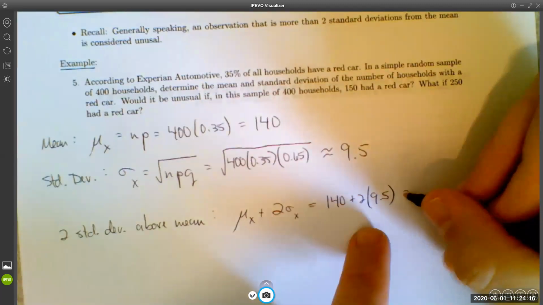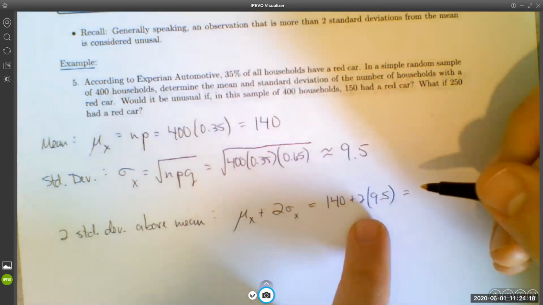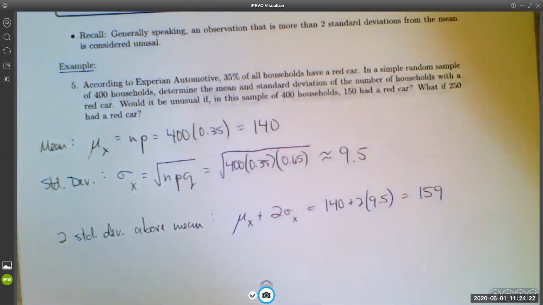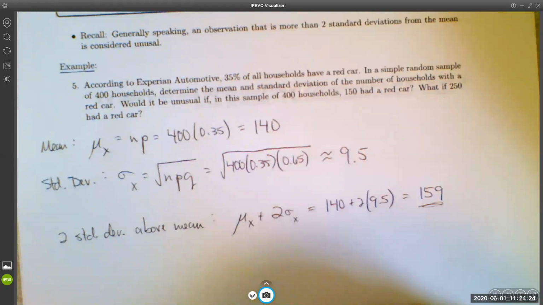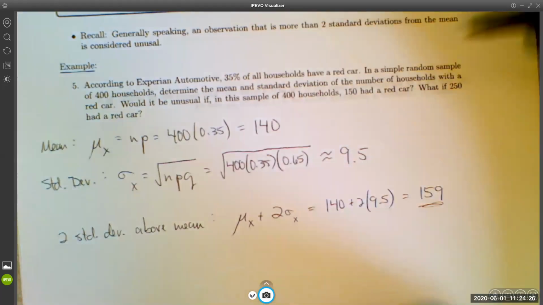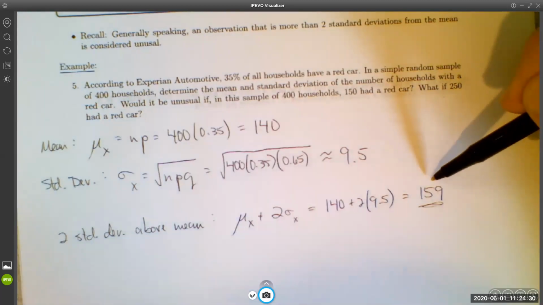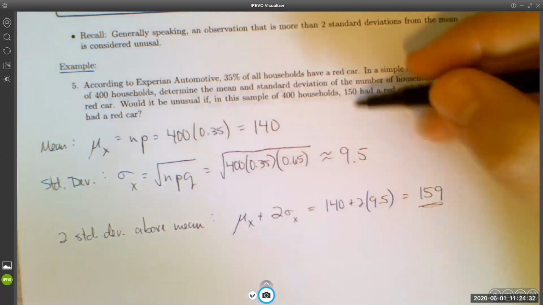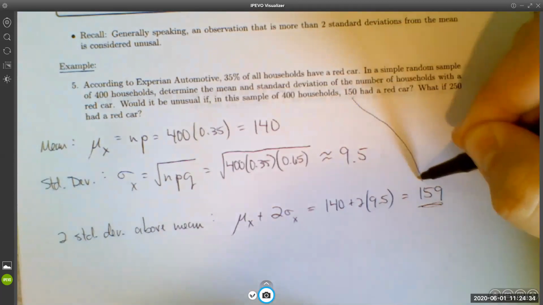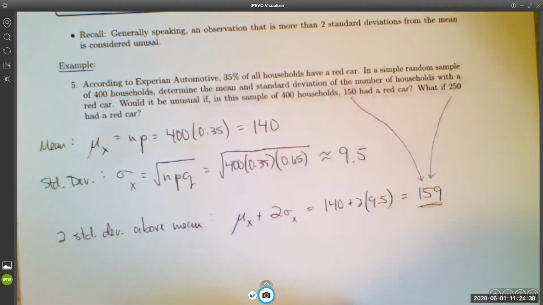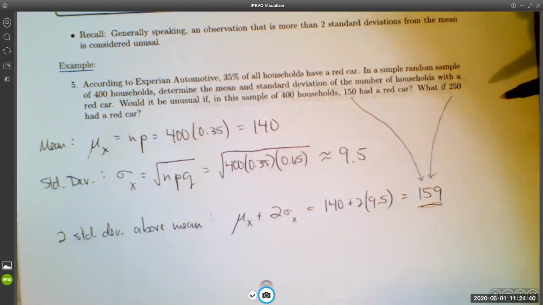So what would that be? 2 times 9.5 is 19, so 159, I think. So 159 is 2 standard deviations above the mean. So as long as your value is less than 159, it's not unusual, right? And 150 is less than 159, so it's not unusual. 250, on the other hand, is way more than 159, so that definitely is unusual.